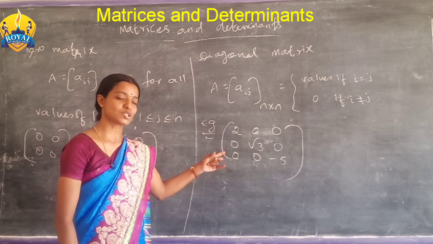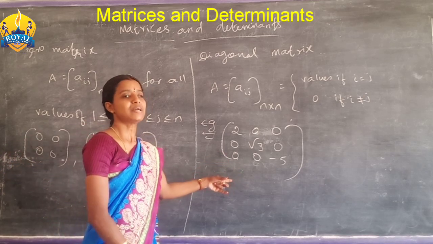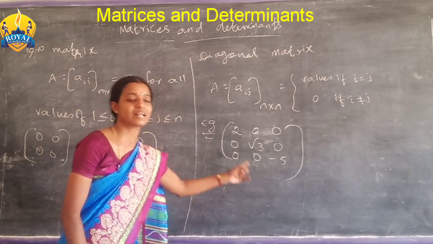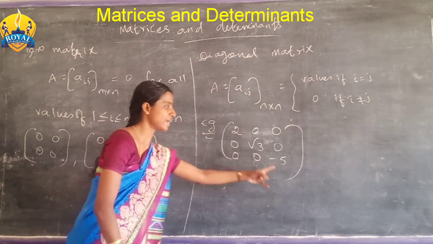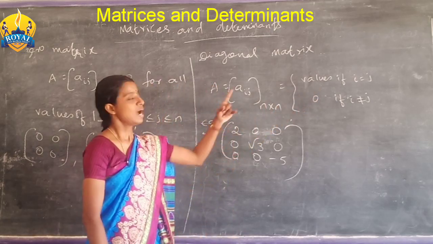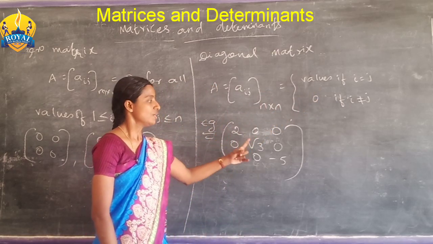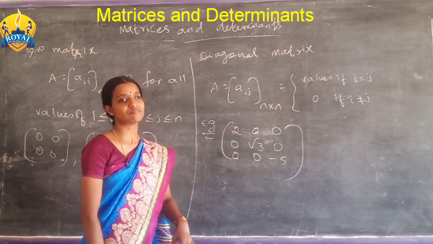This is the example for a diagonal matrix. This diagonal is also called the principal diagonal, main diagonal or the leading diagonal. All the elements in the diagonal will have some values if i equal to j. Here A11 I have some value, A22 I have some value, A33 I have some value.